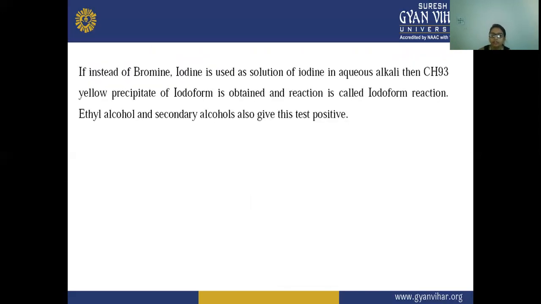The next is, instead of bromine, iodine is used as a solution of iodine in aqueous alkali, when a yellow precipitate of iodoform is obtained, and the reaction is called the iodoform reaction. Ethyl alcohol and secondary alcohols always give this test positive. Iodoform is also a haloform.